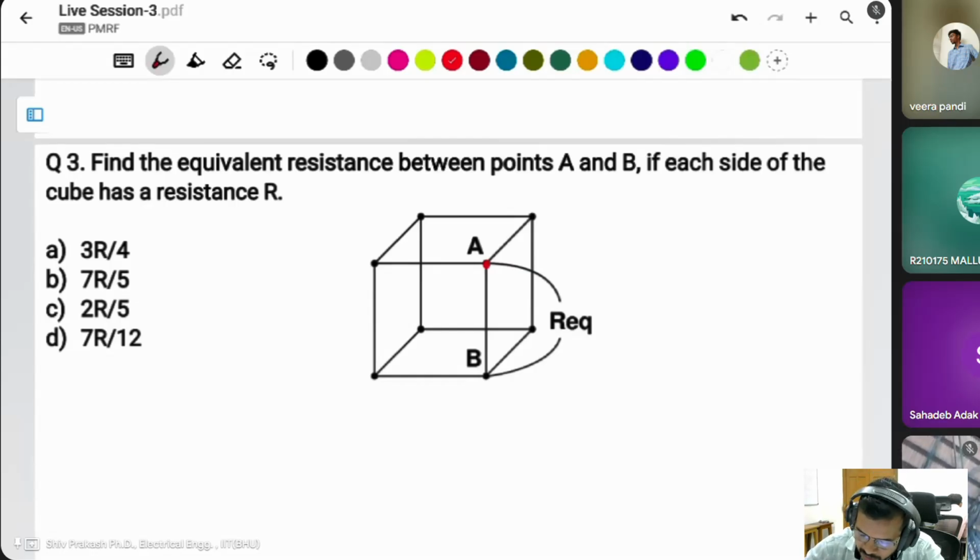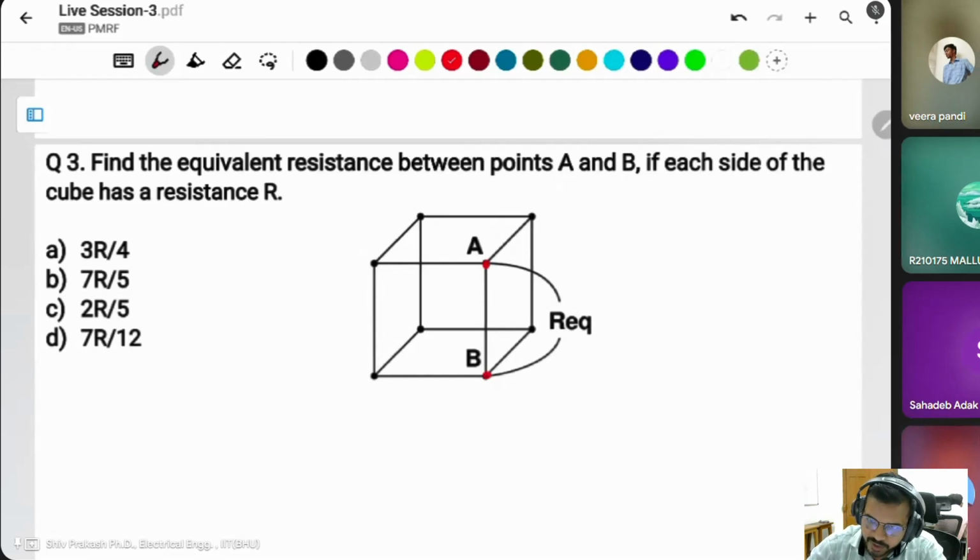Okay. The question asking, this cube has every side, each side has some resistance R. It means this is a resistance, this resistance, this has resistance, like that. Every side has some resistance, which will be R. Okay. Then what is the equivalent resistance between these two terminals? We have to find.